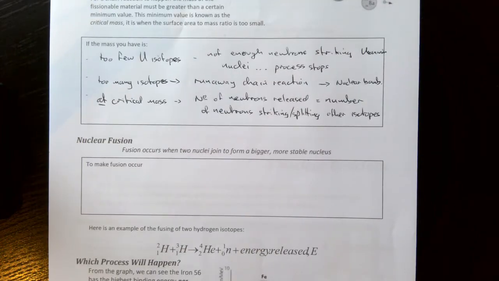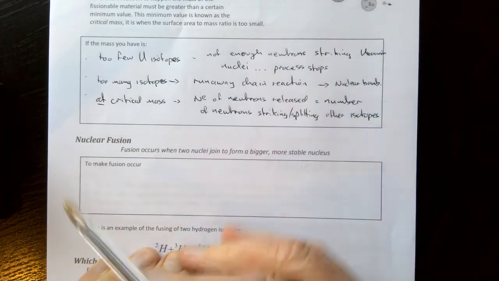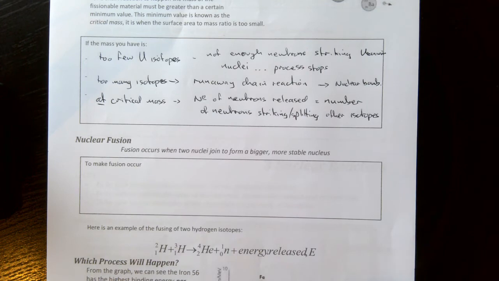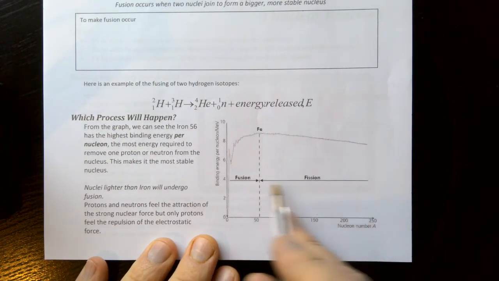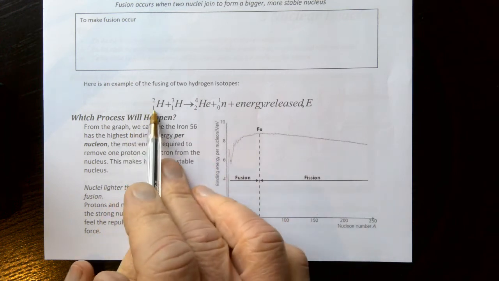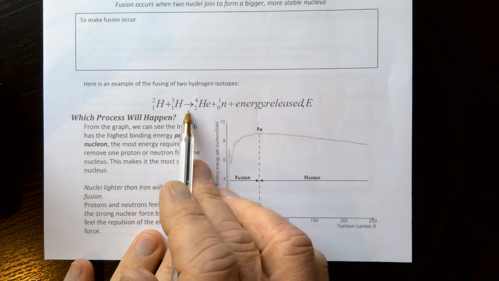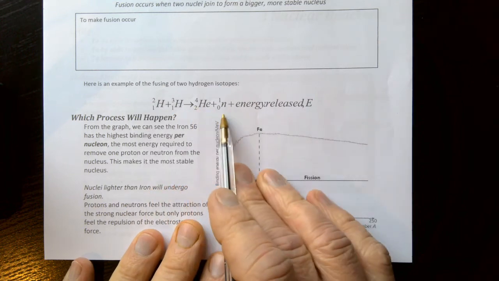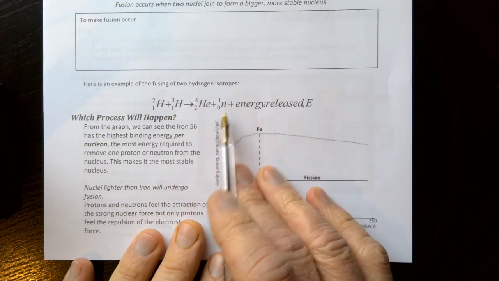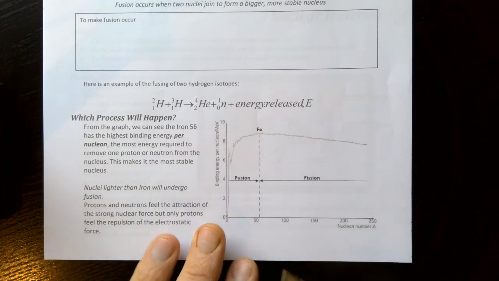Right, so the other process, nuclear fusion, still happens with that chart. So again, down to our chart here, we've got a completely different process going on. So for example, we are fusing together smaller nuclei to make a bigger nucleus, but we're still releasing neutrons. Okay, we still have that process going on.